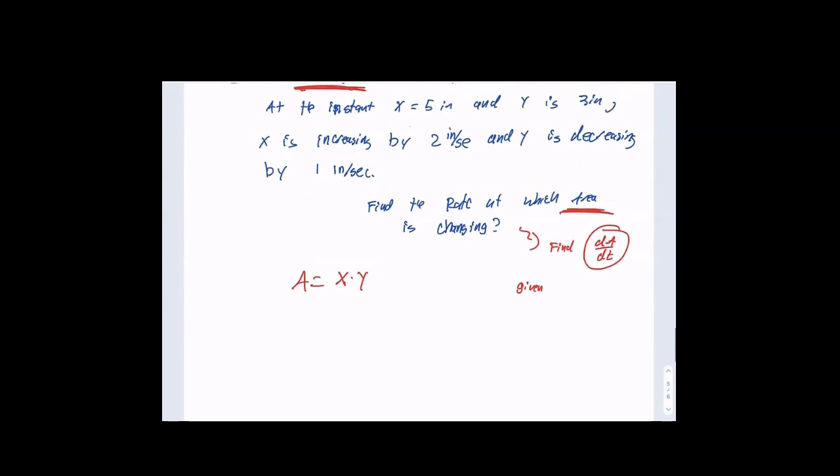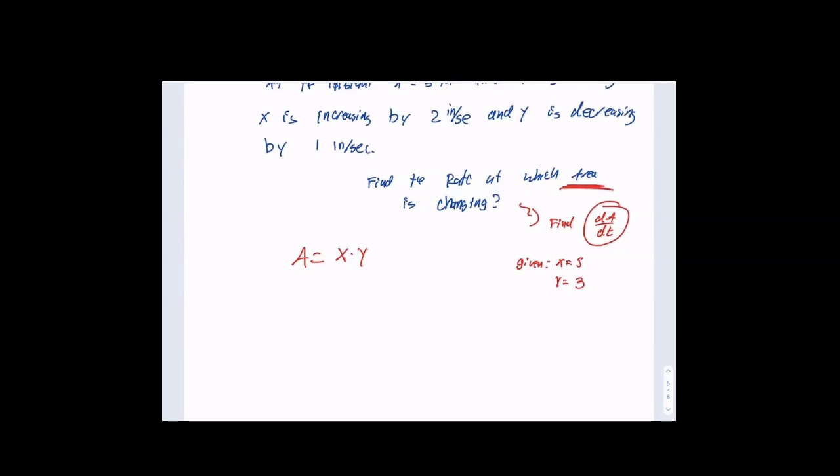What am I given? x and y. So x equals 5, y is equal to 3. What else am I given? I'm also given 2 other pieces of information in here. x is increasing by 2 inches per second.